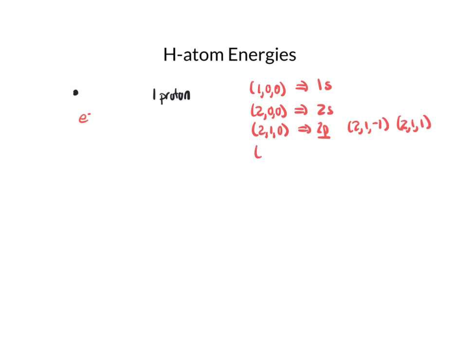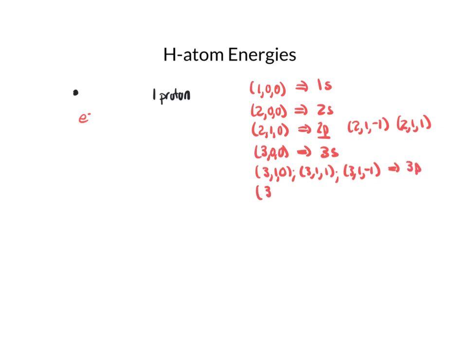I could describe it as a 3, 0, 0, which would be a 3s orbital distribution, or it could be 3, 1, 0, 3, 1, 1, or 3, 1, minus 1, all of which would be 3p.